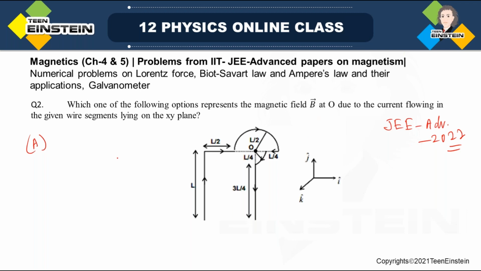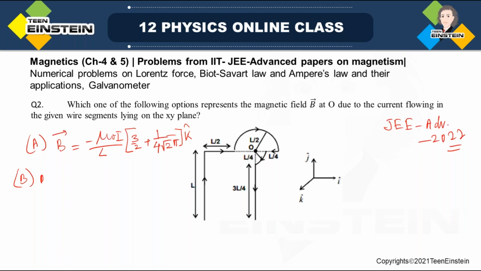So this is B equal to minus mu0 I by L, 3 by 2 plus 1 by 4 root 2, pi k cap. This is the first option.